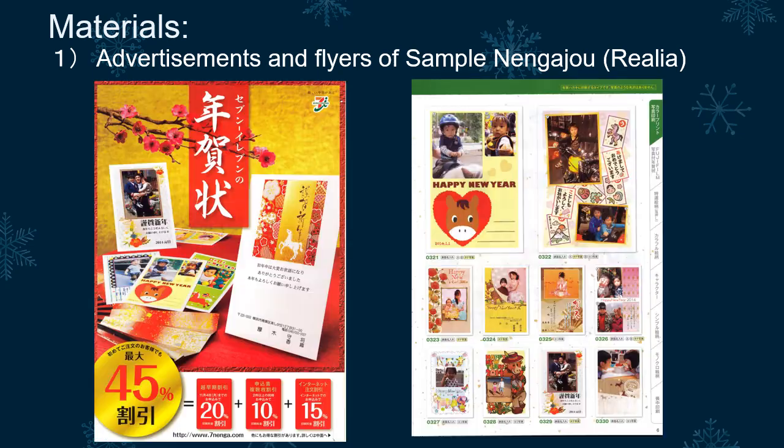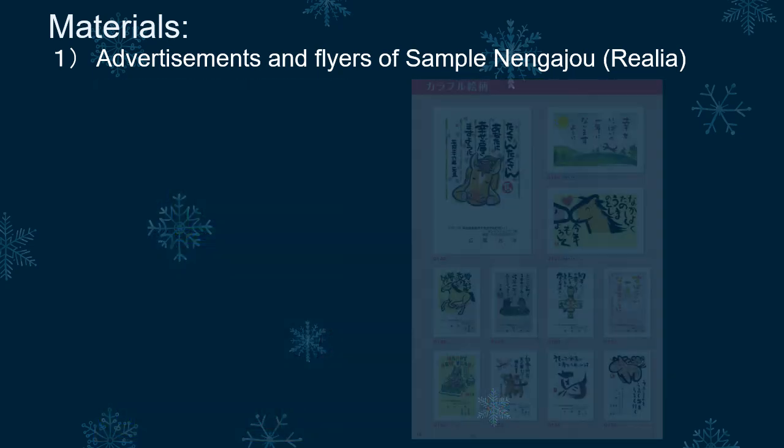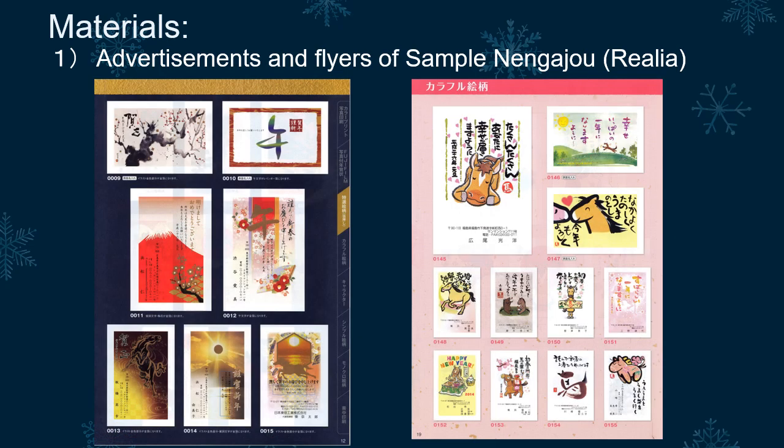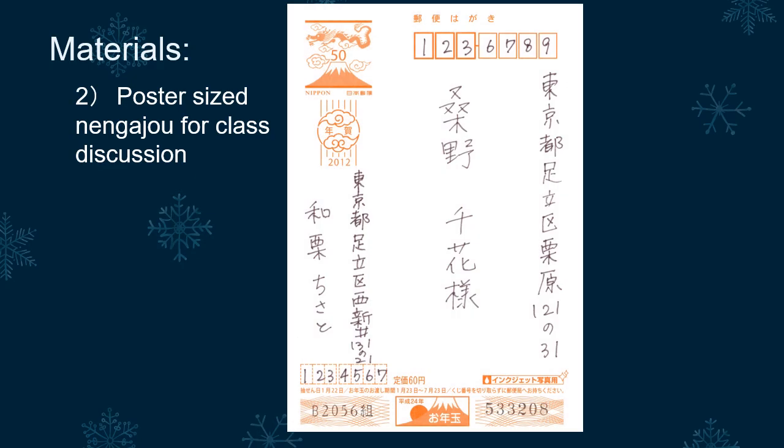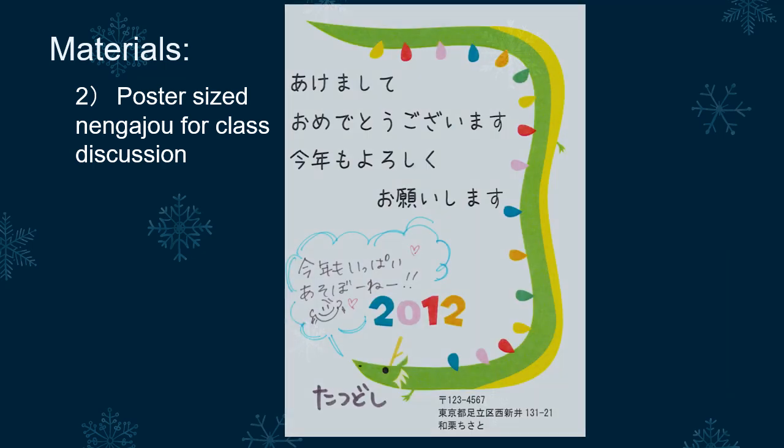The materials to be used in this session are the following: advertisements and flyers of sample Nenganjo, poster-sized Nenganjo for class discussion. Please make a bigger poster of the Nenganjo so everyone can see the different parts of the Nenganjo.